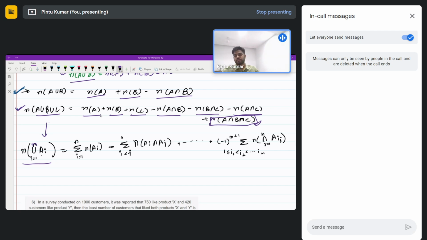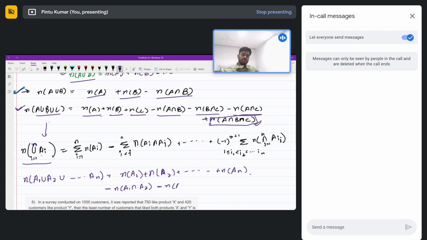If you have, for example, A1 union A2 up to AN, then you will take the sum of all one-size sets. So this will be n of A1, n of A2, and so on till n of AN. Then for all the sets where you take intersection of two sets, you will have a negative sign. So it would be negative n of A1 intersection A2 minus n of A1 intersection A3.